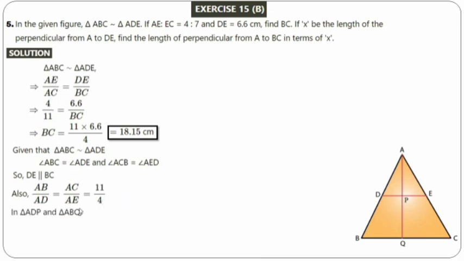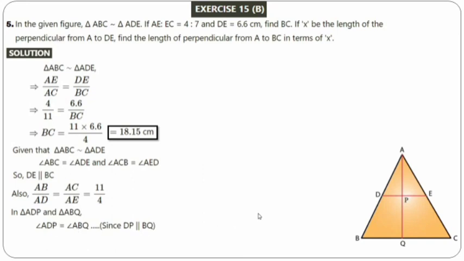In triangle ADP, where is ADP? ADP is this triangle, and we have ABQ, this triangle. In these two, you have this angle and this angle equal, right? These two are parallel, so these become corresponding angles, so they will be equal.